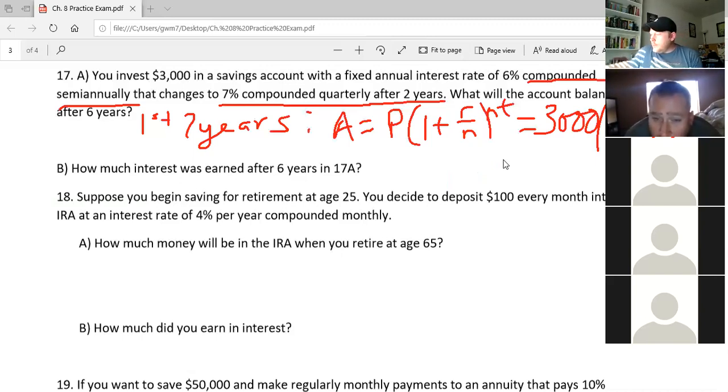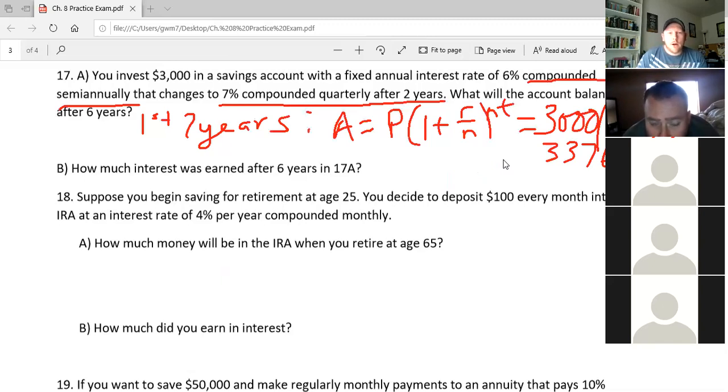When I put that into the calculator, it got me 3376.53, and I had to round it to the nearest penny. So I just rounded it to 2 places.